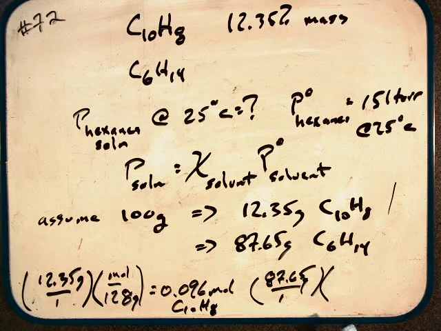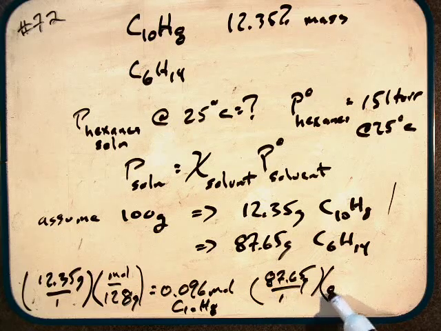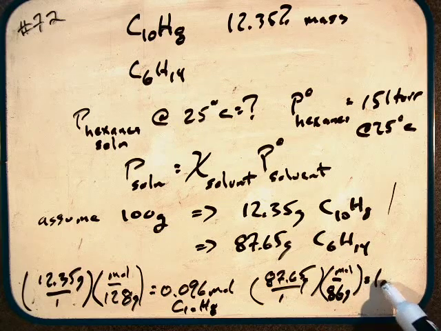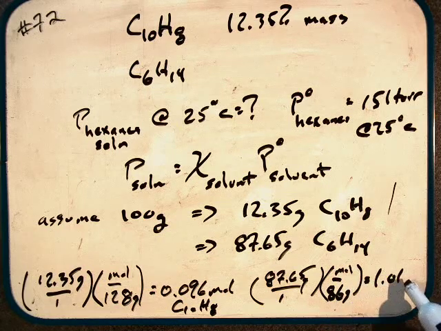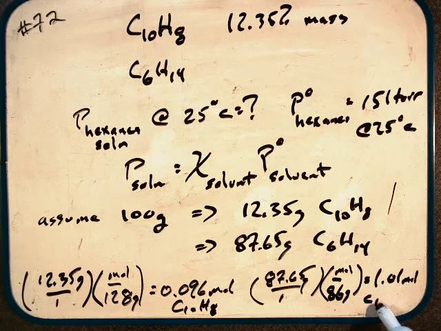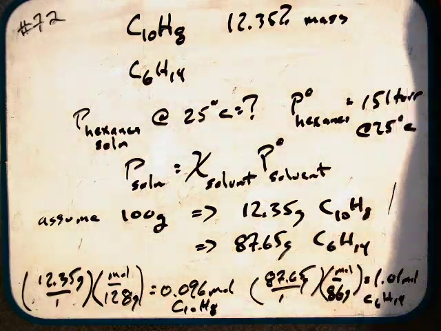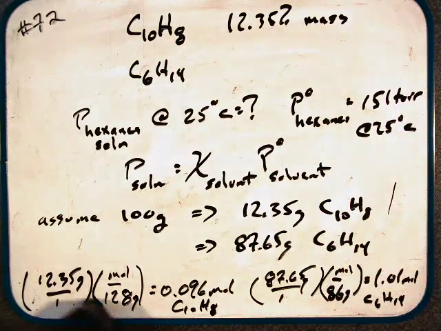Take the 87.65 and divide it by 86. Gives 1.01 moles of the hexanes. So we have 0.096 moles of naphthalene, we have 1.01 moles of hexane, and so now we can use both of those to solve for our mole fraction.